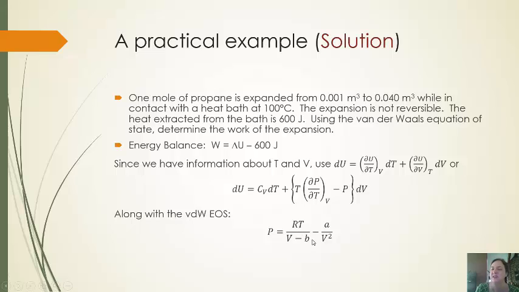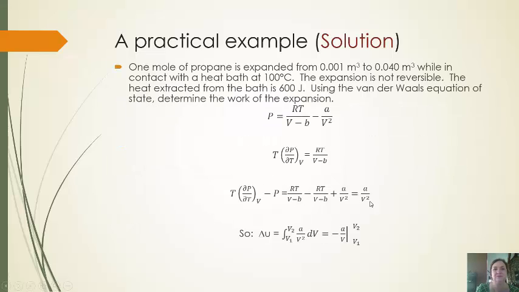So that's actually going to turn out to be a fairly easy little expression, right? Okay, so we're going to end up with this. dP dT at constant volume is going to be R over V minus B. Multiply that by T, and I get RT over V minus B, which is this expression right here.